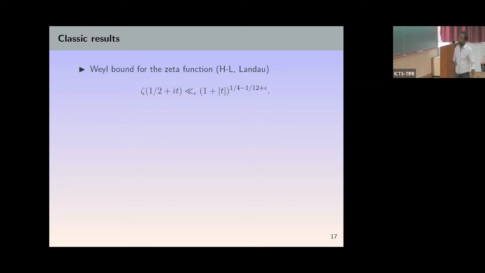Hardy-Littlewood and Landau use the Weyl shifting technique. They want to get cancellation in the summation where n is of size, let's say, capital N, and n to the power it. By showing cancellation using Weyl shifting, they prove this bound.